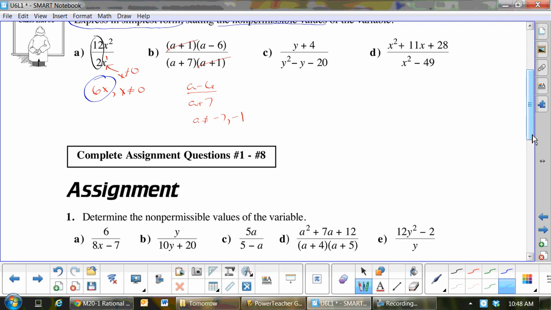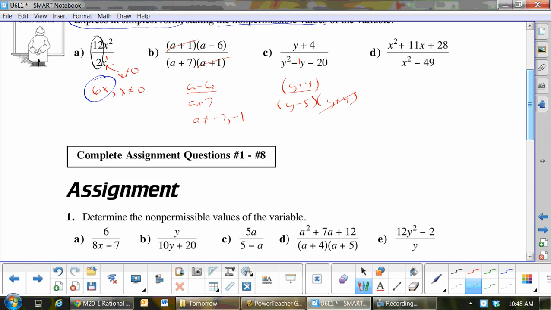Now, let's look at C. Okay, can we factor the top of C? Well, it is what it is. How about the bottom? Are there 2 things that add to -1 and multiply to -20? So x, or no, y, sorry. Y minus 5, y plus 4. Okay?